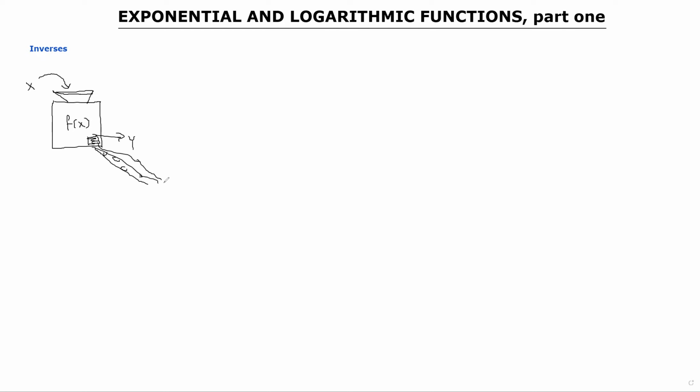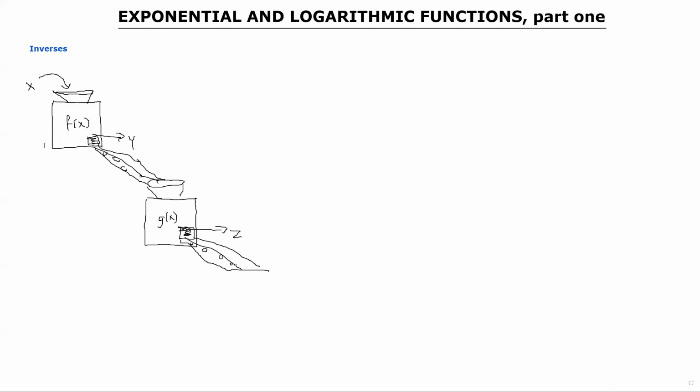Now, when you do composition of functions, what ends up happening is you feed this result into a second machine, a second function, right? And when you do this, this is how you get f of g of x, or in this case, g of f of x. And so when you do this, you're going to get another number coming out here. I could call it anything I want. We could call it, for instance, z.